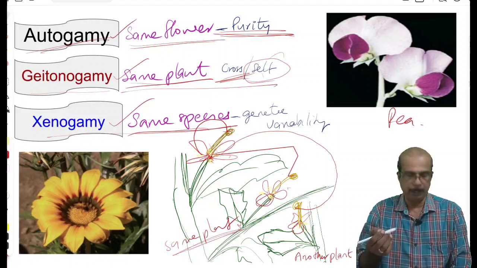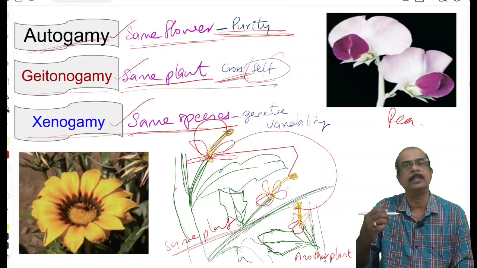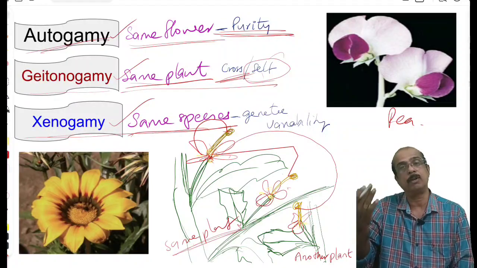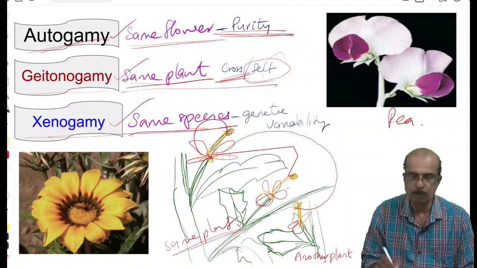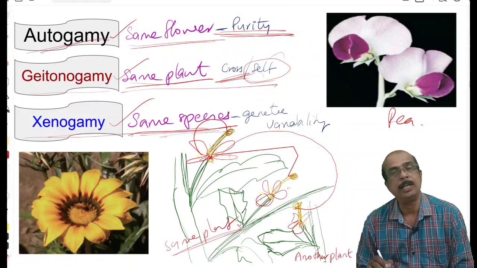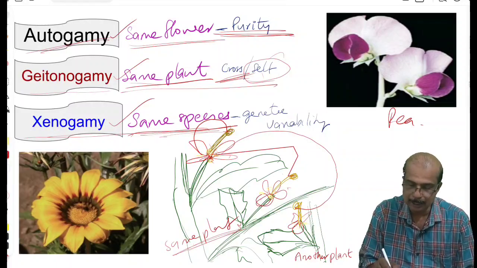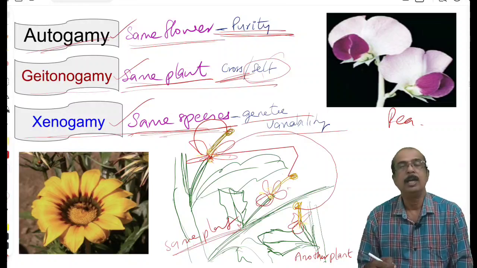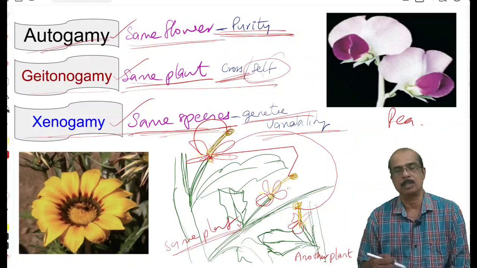That means xenogamy or cross-pollination is the transfer of pollen to the stigma of another flower of another plant belonging to the same species. Here, the transfer of pollen grains is between two different plants. So there may be genetic differences in their constitution, making genetic variability and new variation in characters possible.